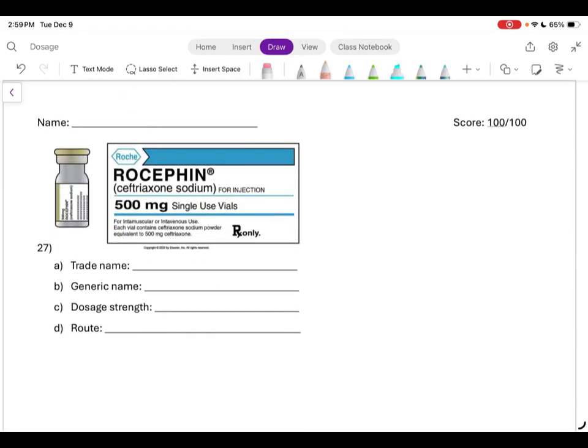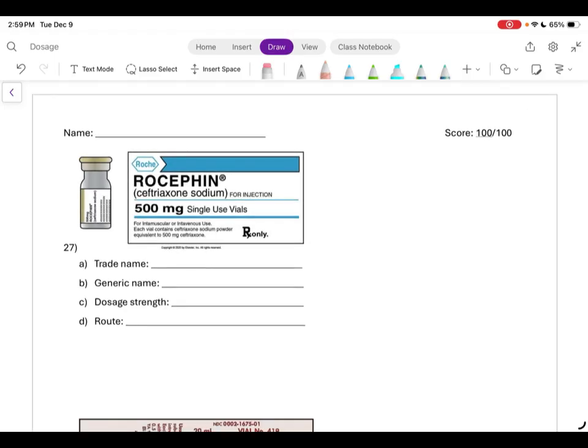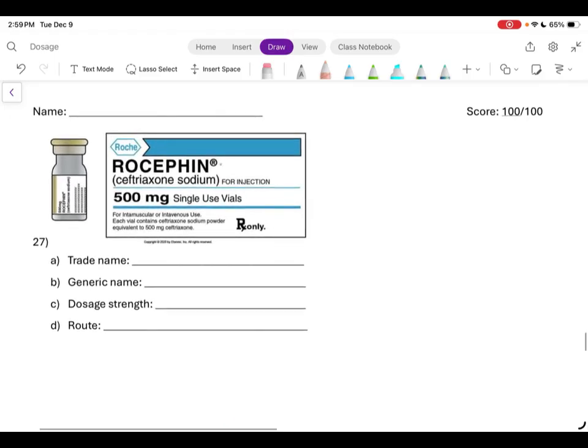The next one is Rocephin. Again, brand name, big bold, usually up top. Generic name is right below it. Ceftriaxone. Dosage strength is here 500, right?